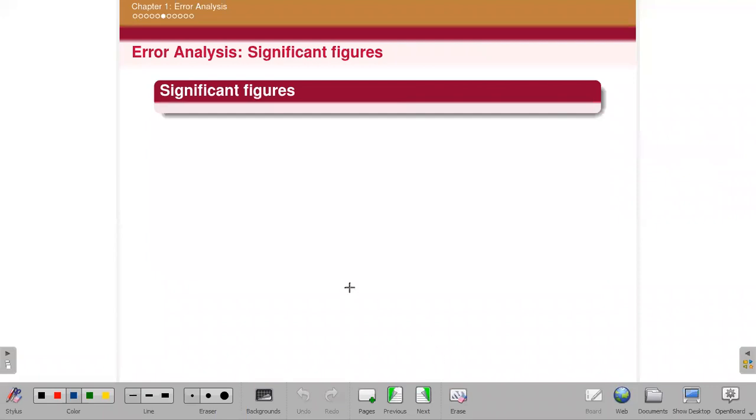So next we come to another topic, that is significant figures. Significant figures, actually these are the digits that give the meaningful contribution to a number.